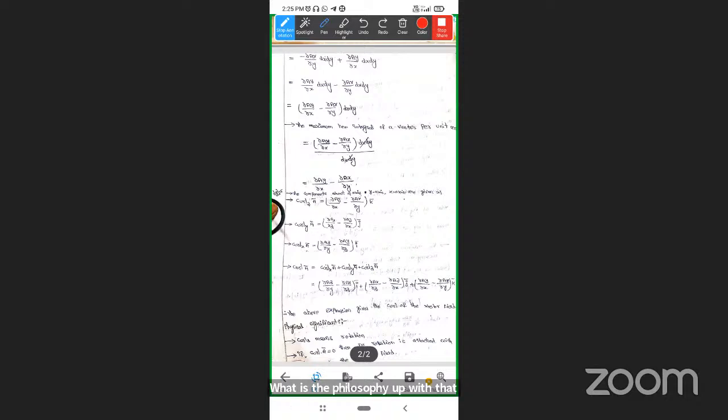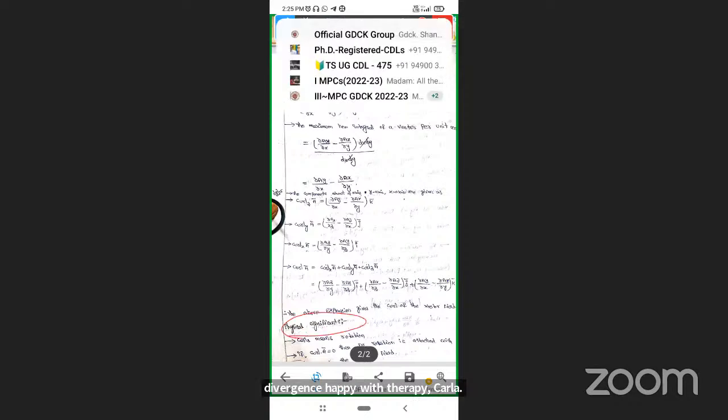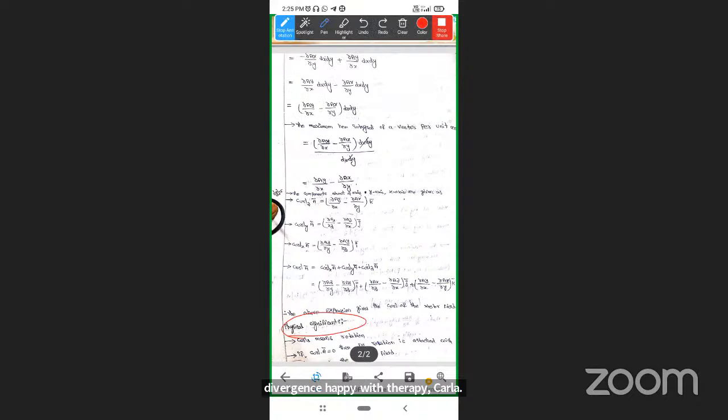The maximum line integral of a vector per unit area is called the curl of a vector field. It is denoted by del cross F or A.